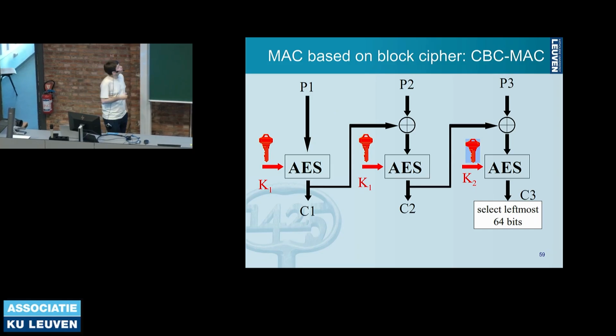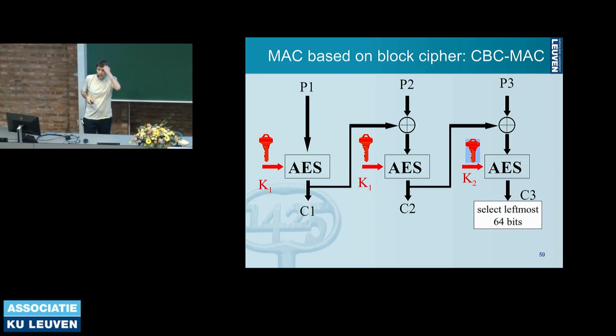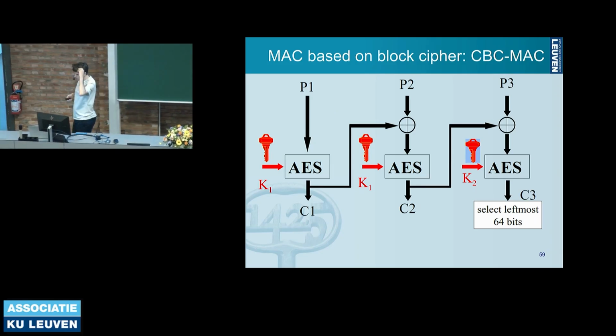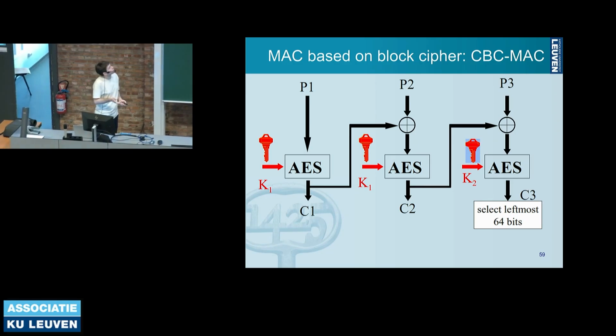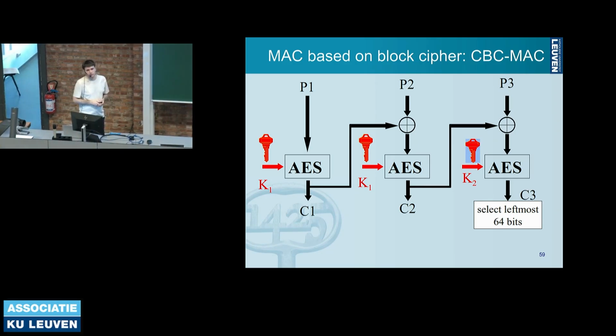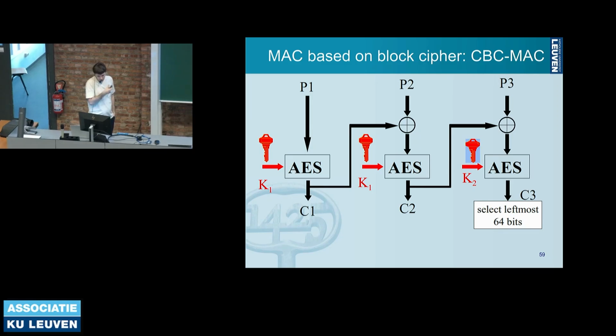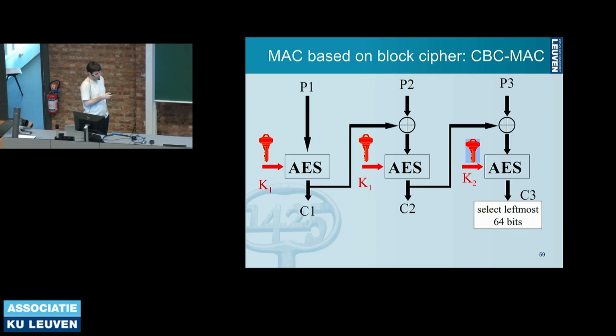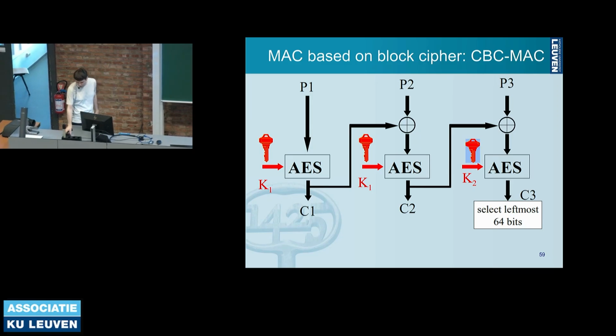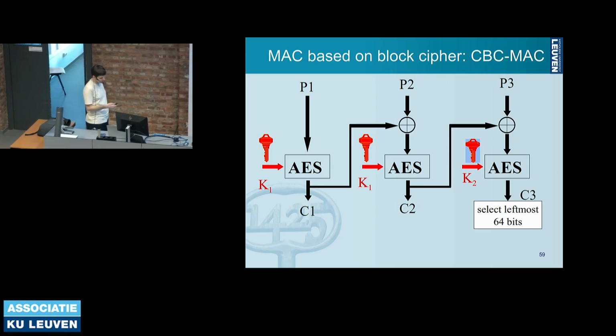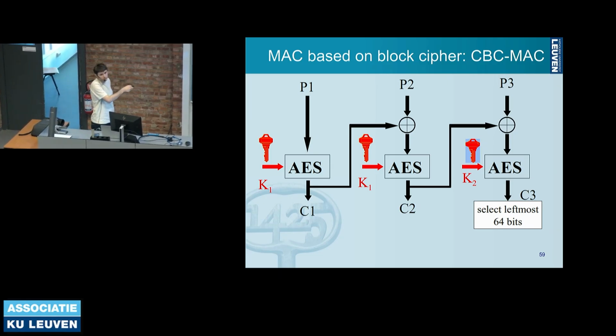Okay, so how to make such a MAC, a message authentication code? You could do it based on a hash function, which we'll see in a few slides, but you can also do it directly based on a block cipher. For example, CBC-MAC takes your message, let's say it's P1, P2, P3, and you split it into blocks.